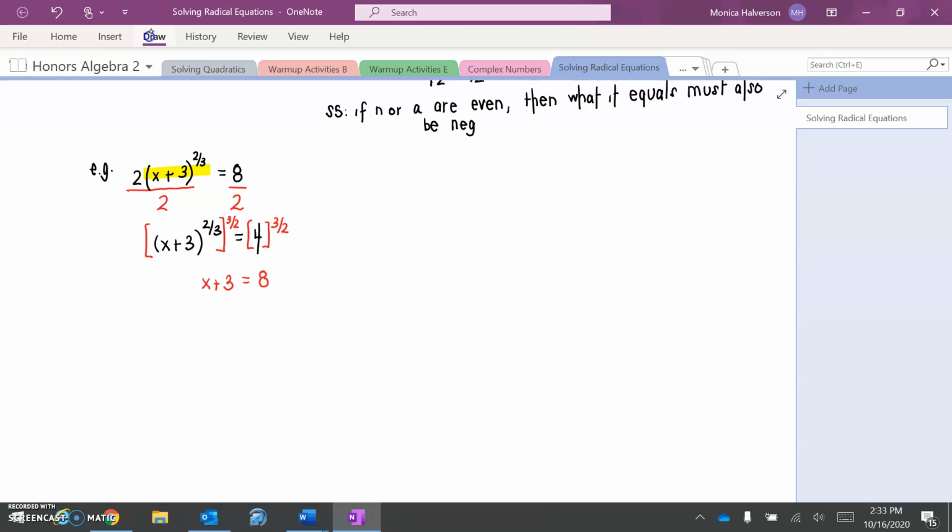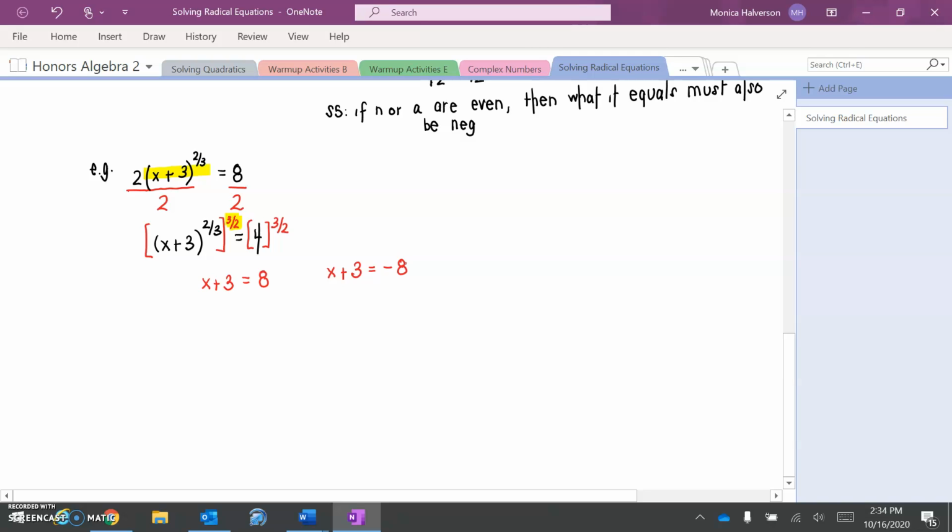Now we need to check whether either of our values in the rational exponent are even. 2 is an even number. So, do we have a second equation to solve? We sure do. Our second equation is going to be x plus 3 equals negative 8.